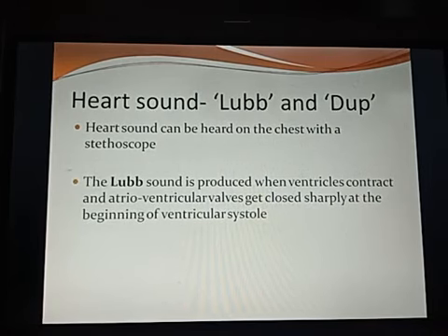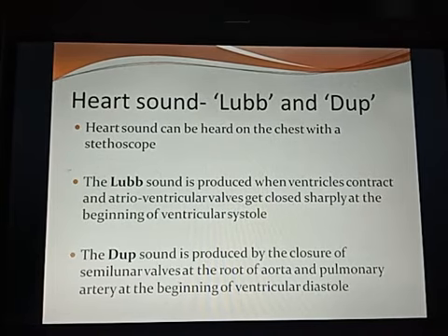The lub sound is produced when the ventricles contract and the atrioventricular valve gets closed. When the ventricles contract, they push the blood towards the auricle. At that time, the atrioventricular valve closes sharply. Due to the sharp closure of this atrioventricular valve, a sound is created that is called lub. This occurs at the beginning of the ventricular systole.